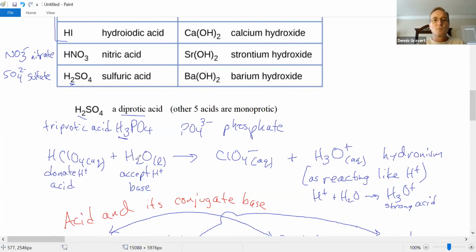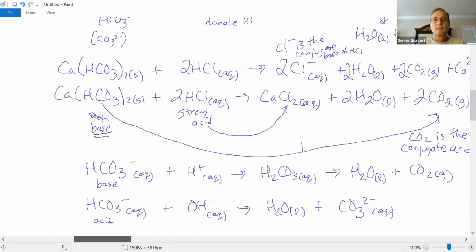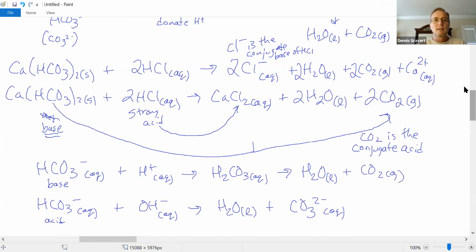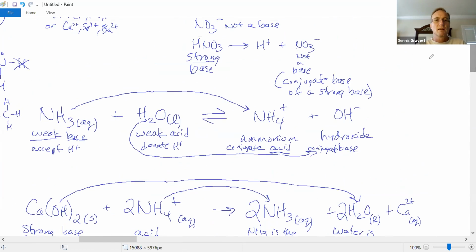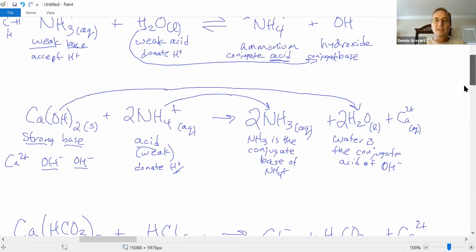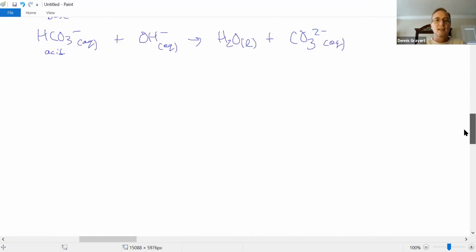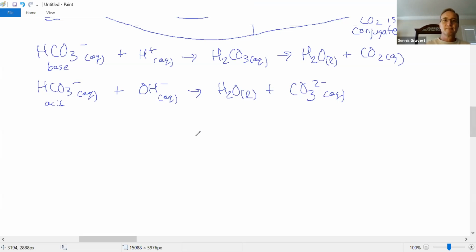Is it right over here? Yeah, here's water acting as a base. And then water, here it is. Water is acting as an acid. So water can do this thing where it's either an acid or a base. And not only water, but bicarbonate.